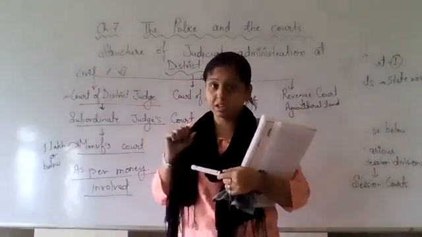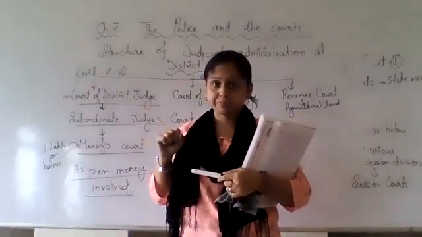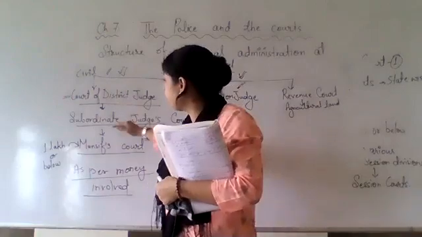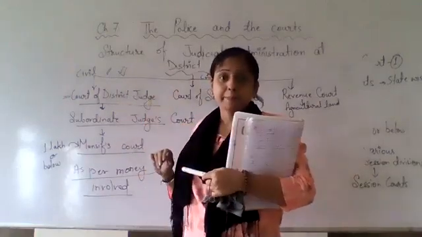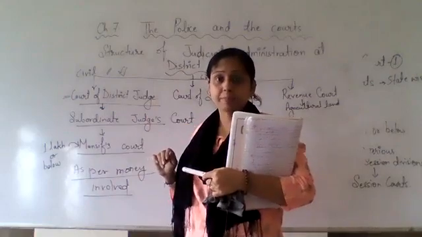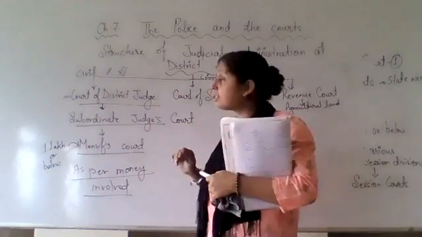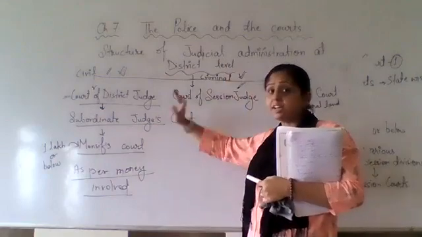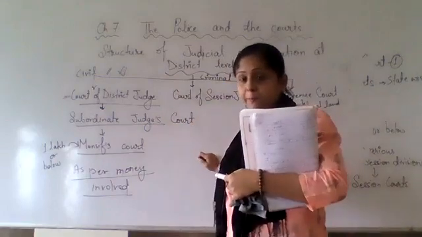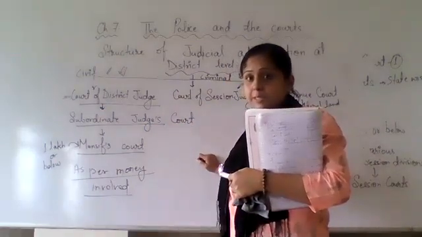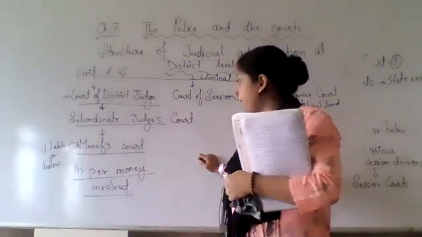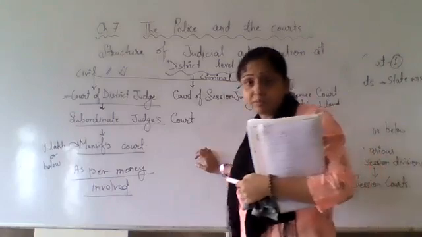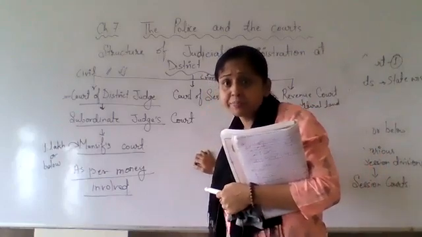Now why has it been done, do you understand? Why has it been divided into 3 parts? Can anyone answer? Is there any intelligent one who can answer why it is divided into 3 parts? Okay, I think no one is interested in answering.